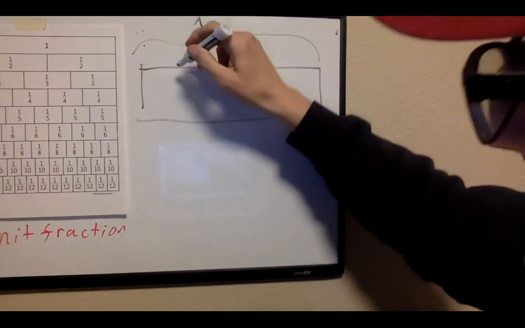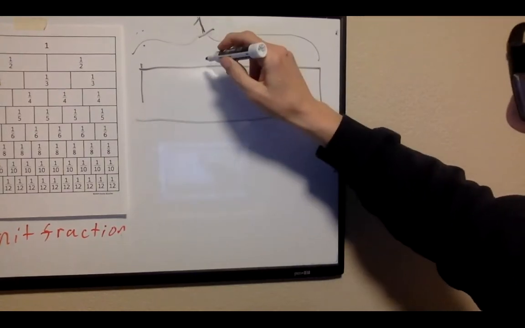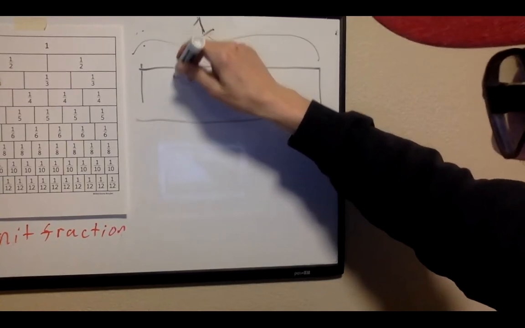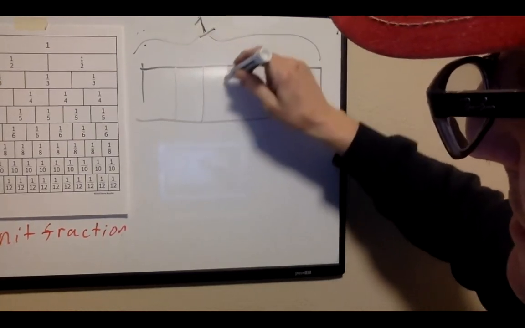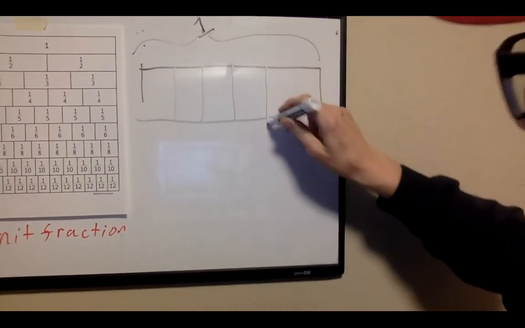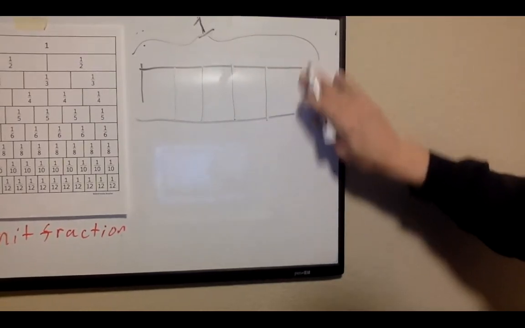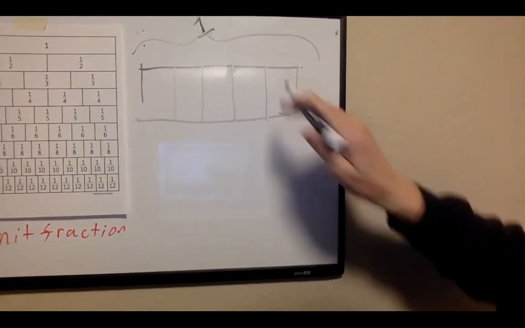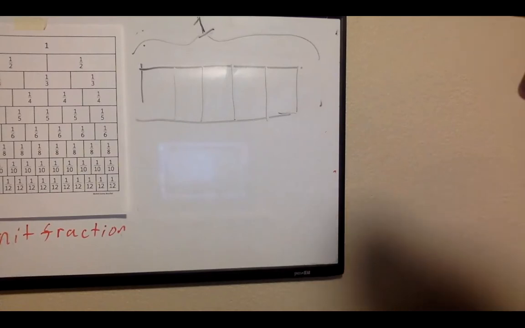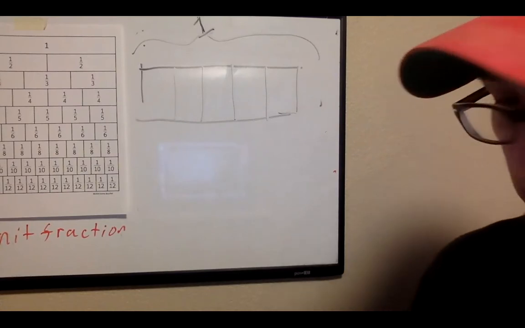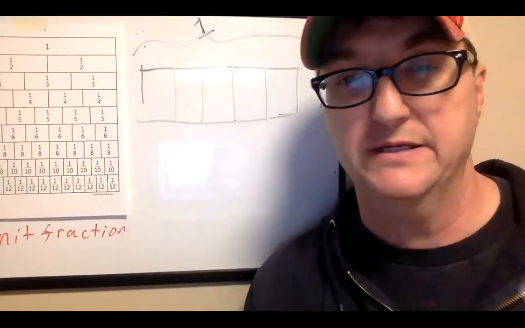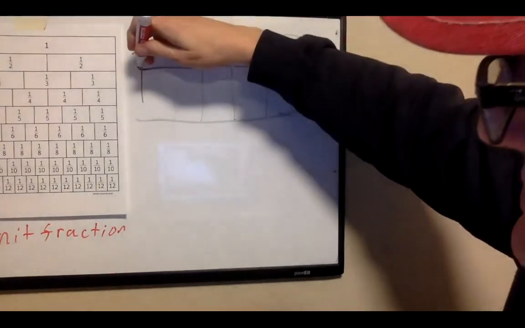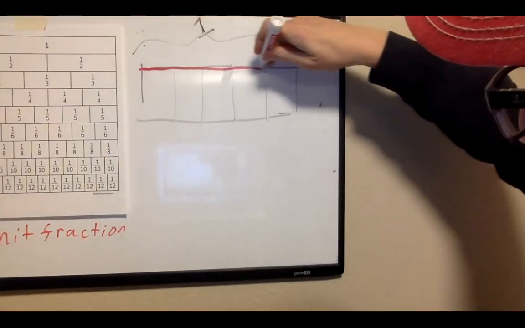How about we split it into fifths. 1, 2, 3, 4. That doesn't look very good, does it? Let's shrink it down a little bit. So 1, 2, 3, 4, 5. So we put this into 5 equal parts. So we know right away, whatever fraction we make, we're going to be working with fifths, right? We're going to be working with fifths because there's 5 total parts. Let's just go over with the red.